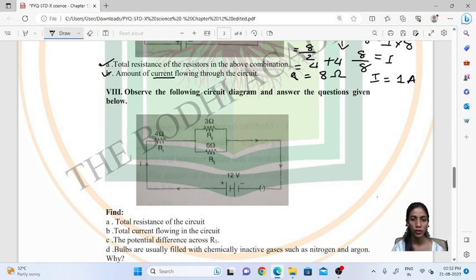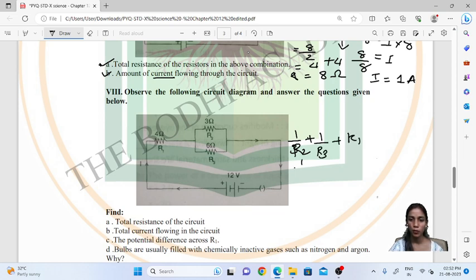So how to find total resistance? Again the same thing: you have to find first the parallel and then connect them with series. So this is R1, and this will be 1 upon R2 plus 1 upon R3, plus R1.